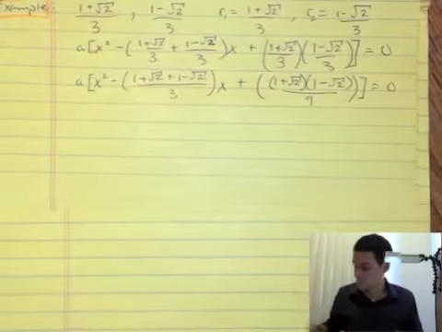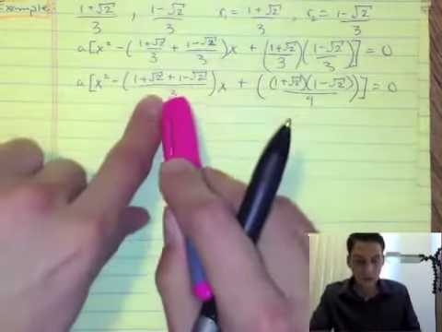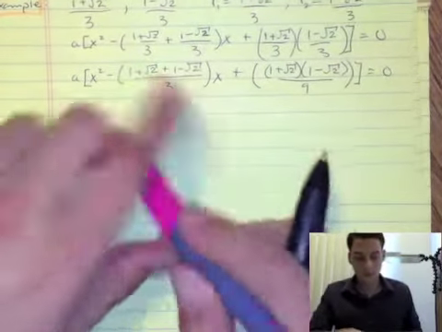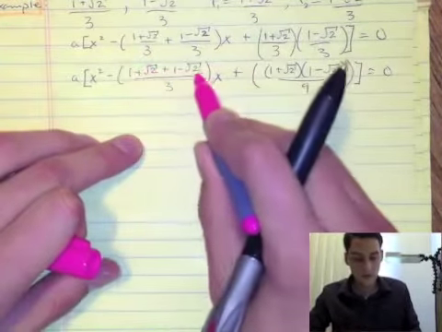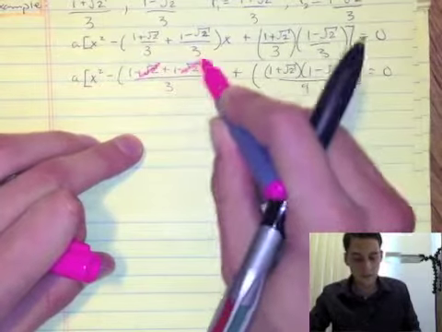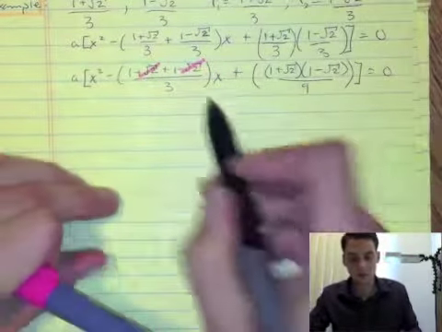Alright, let's simplify this. In this parentheses, this positive root 2 and a negative root 2 cancel out, so I don't have to deal with them anymore.